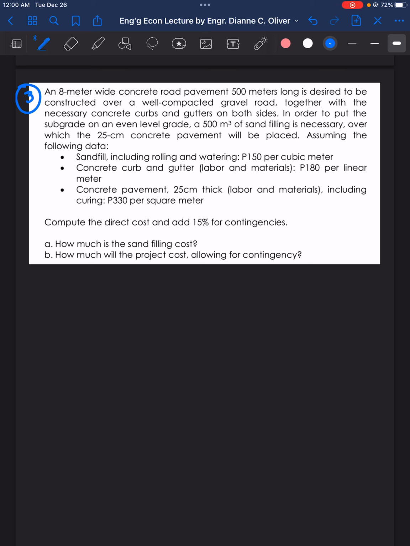Okay, so we'll compute for the first one, the sand filling. So for the sand filling cost, it says there it is 150 pesos per cubic meter.